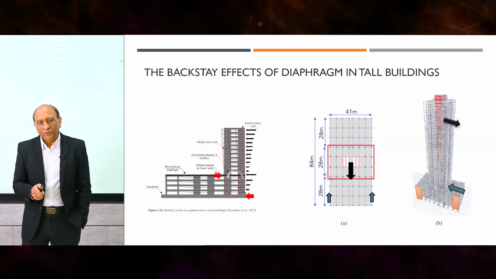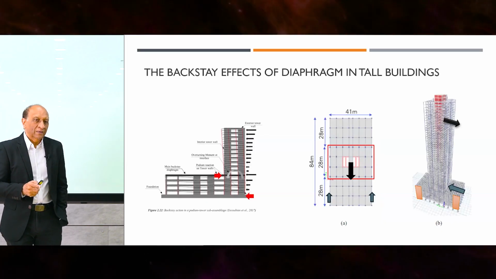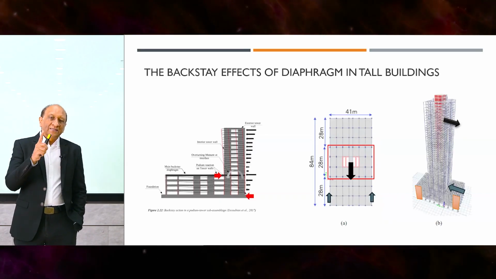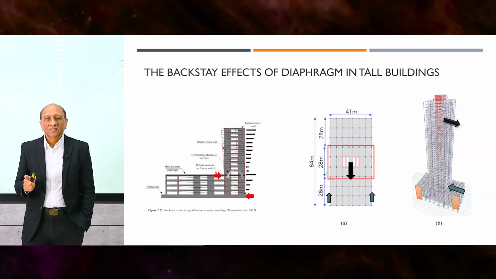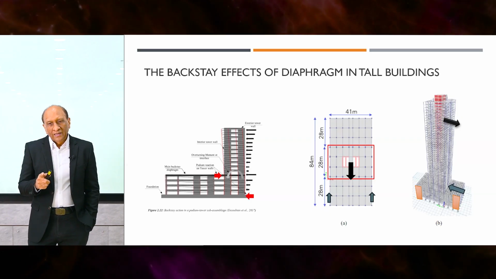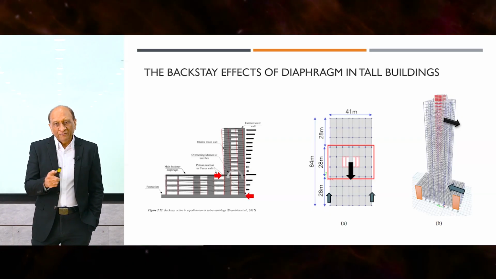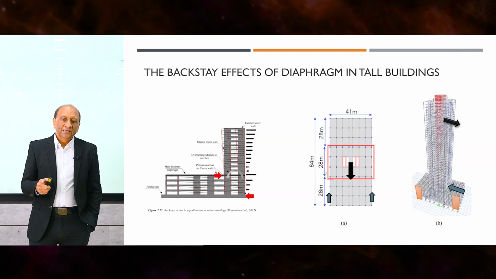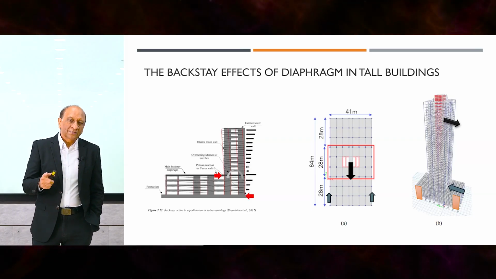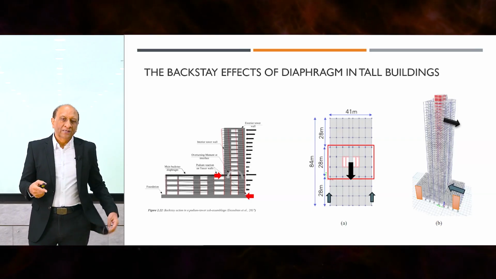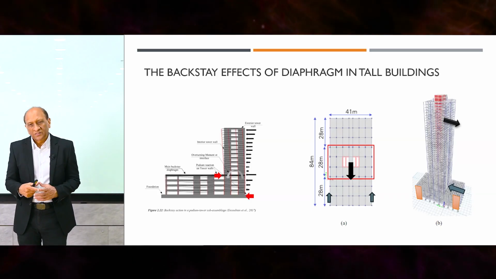But the real problem for the floor diaphragm actually comes in tall buildings, where suddenly the large forces from the core wall, from the tower, have to be transferred to the podiums at a certain level. And here the podiums may have large stiffness.